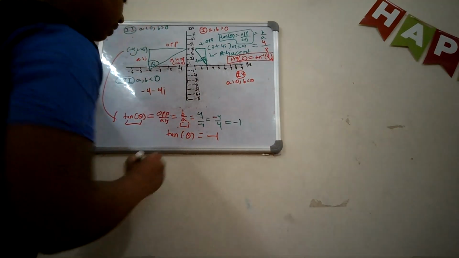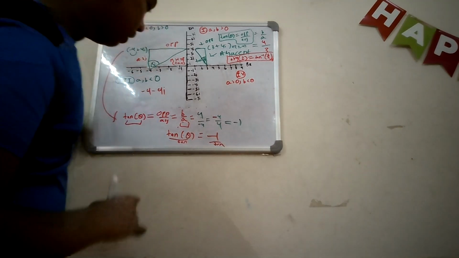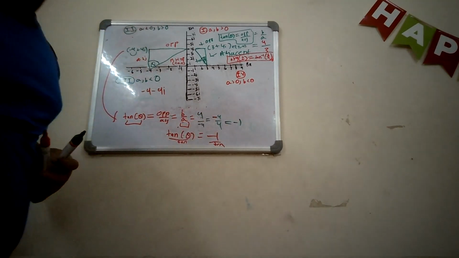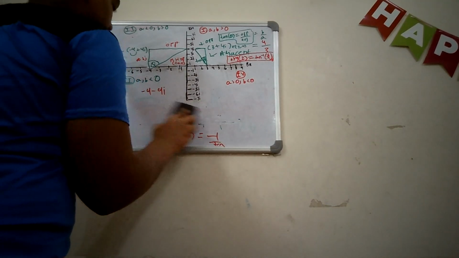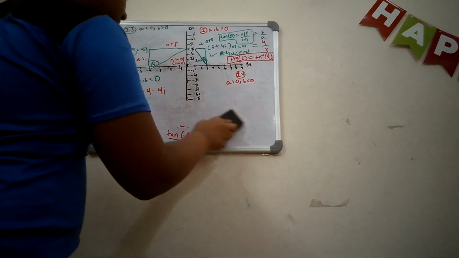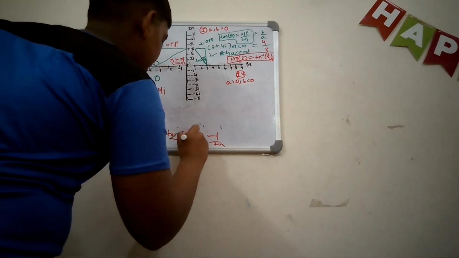This is the equation. The problem is we get tan of theta is equal to -1. Now let's divide by tan on both sides. Okay? Let's erase this just to make some space. Okay? Now coming back to the equation. Tan will cancel.